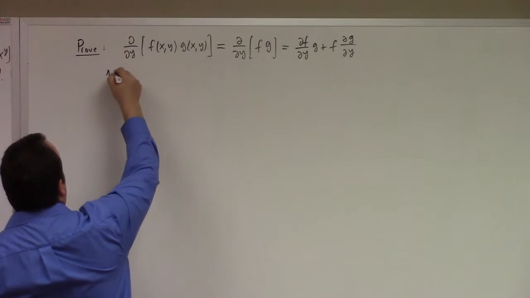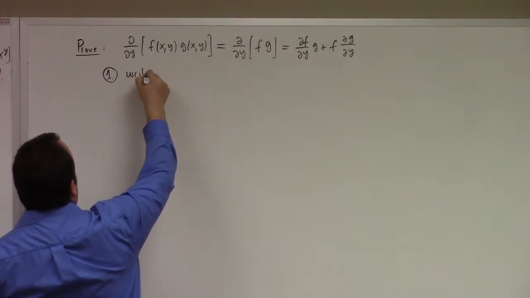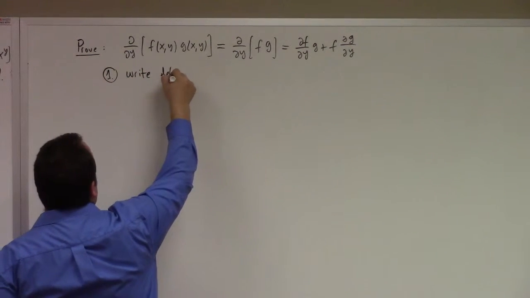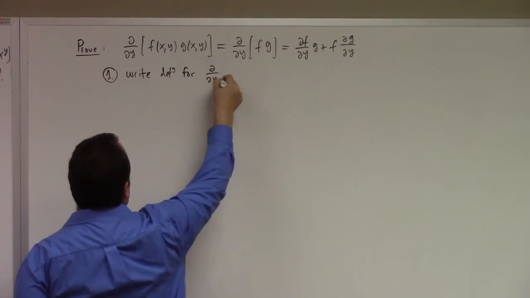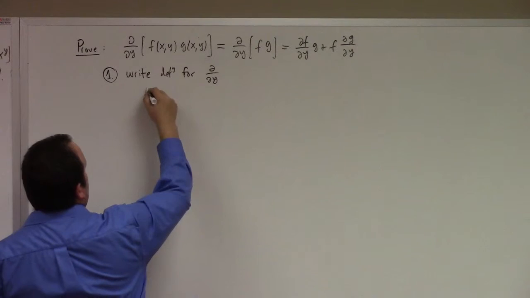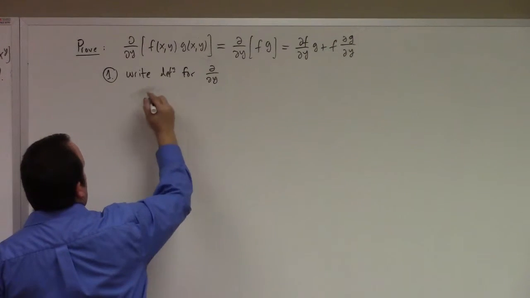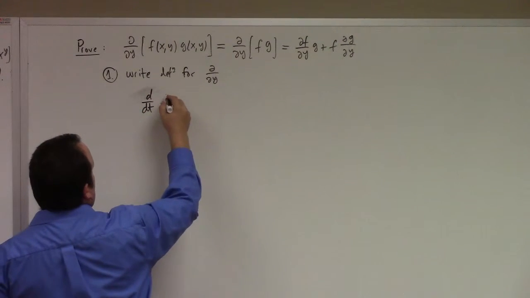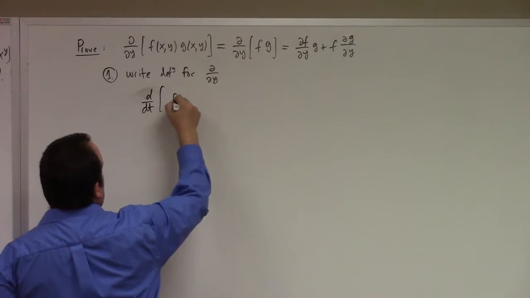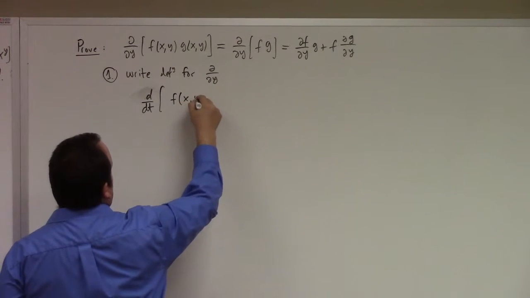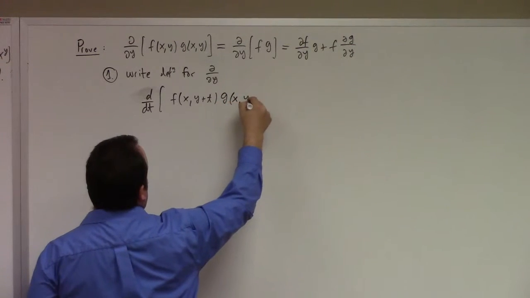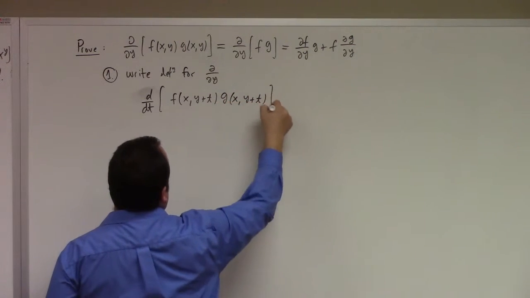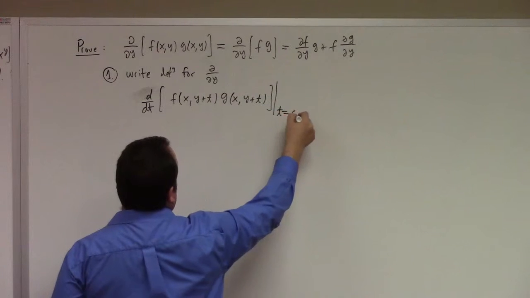Step number 1, the definition for partial y. That would be d/dt of f of x comma y plus t, g of x comma y plus t, evaluated at t equals 0.